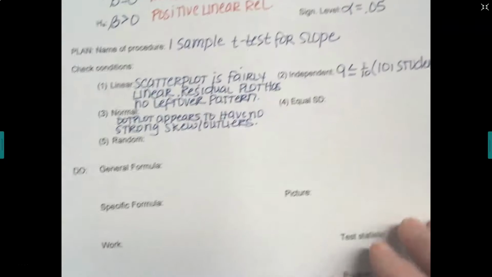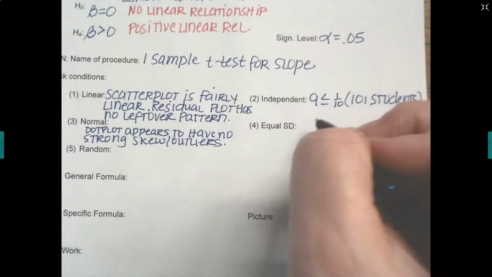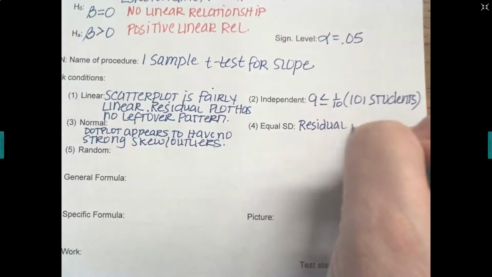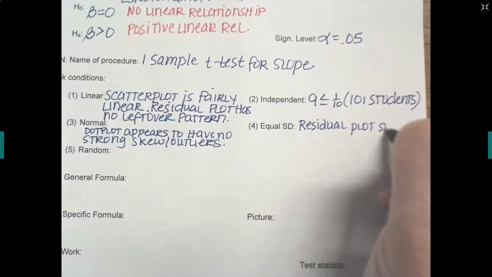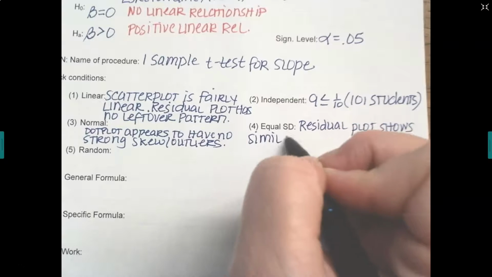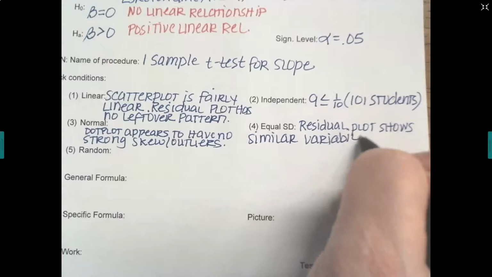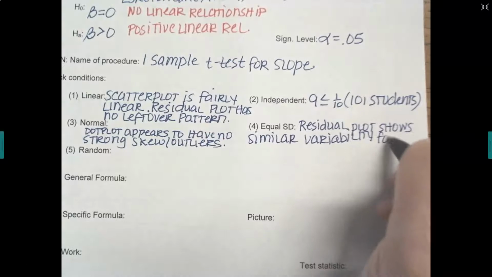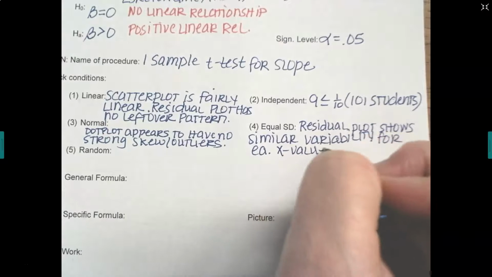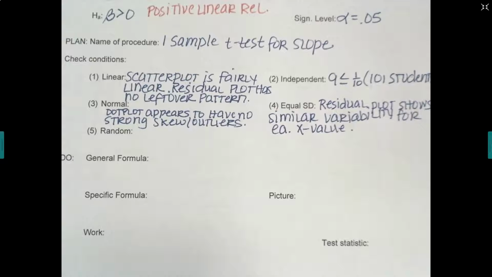So what we say is that our residual plot shows a similar variability for each x value. They're all about the same distance from the x-axis is really what we're saying here.